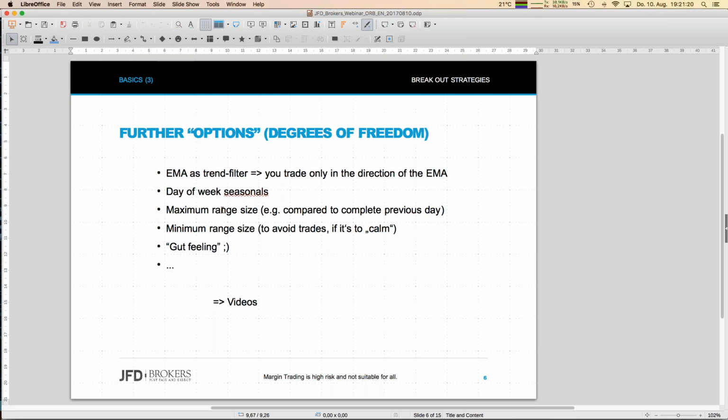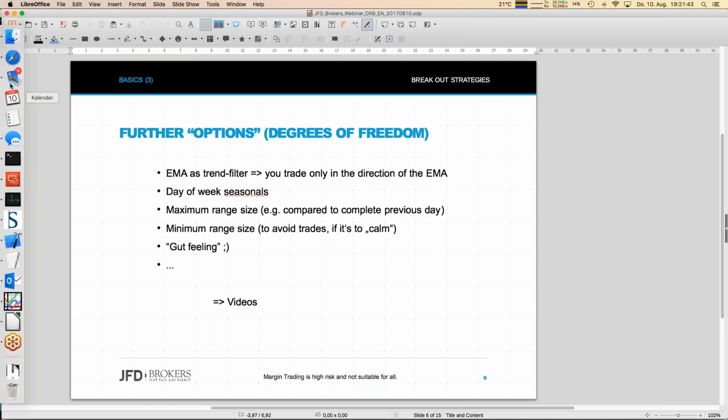So I don't care whether we have a news day, some Fed interest rate decisions. No, I always go for that strategy and don't stop it. But other people might say, no, not today. So there are other good reasons to say, no, we will stop that strategy.